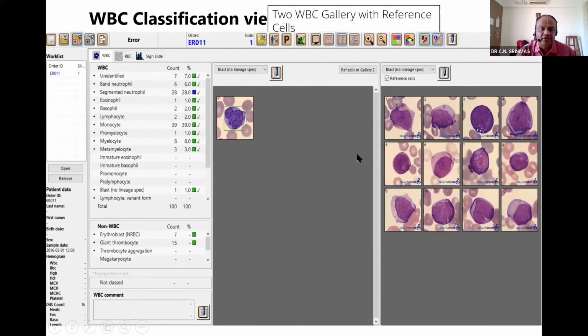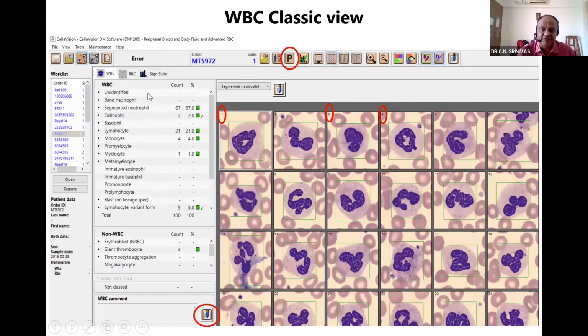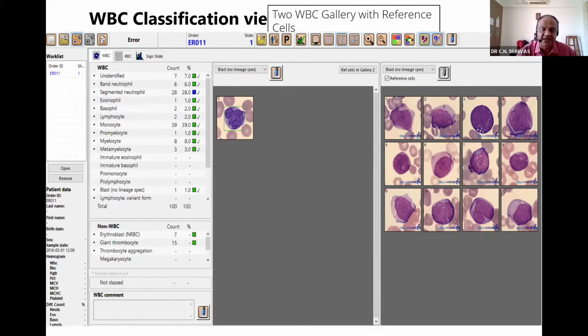Now coming to the aspect of looking at the screen, you can either have a gallery view like this, or you can split the screen into 2 to have both screens in use. The advantage of having 2 screens here is that this CellaVision has an inbuilt library, which you can increase from your experiences, and you can pre-classify the cells and put across what you see in your day-to-day work.